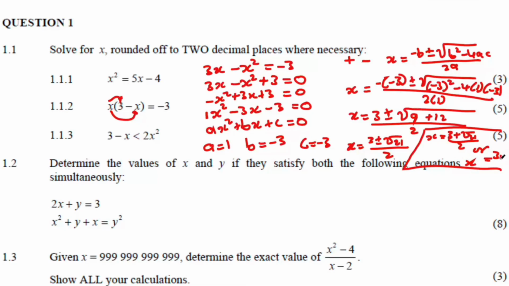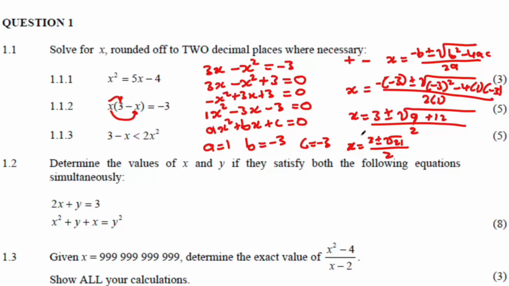I can't write anymore. Okay, my screen is done there. Yeah, so it's 3 minus square root of 21 divided by 2. So it just means that our answer can either be a positive or a negative. Let me show you. So our answer can either be 3 plus square root of 21 divided by 2, or else it can be 3 minus square root of 21 divided by 2.